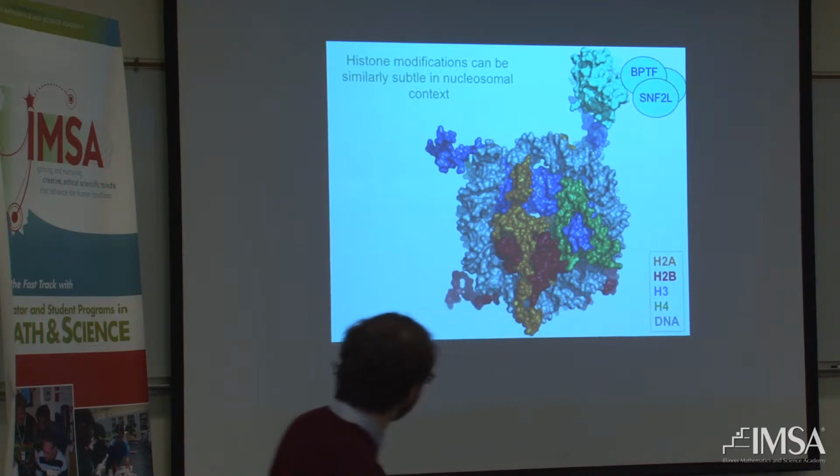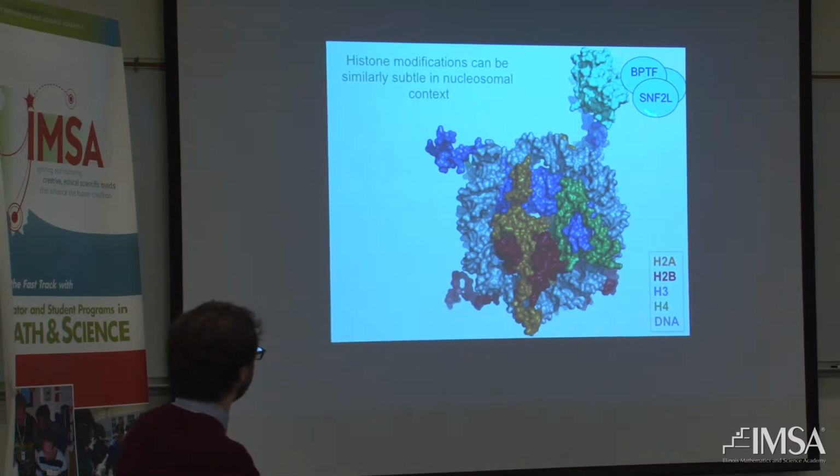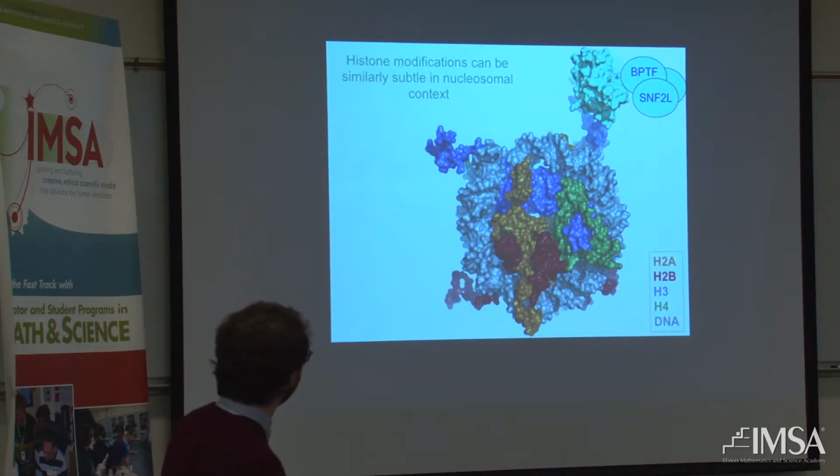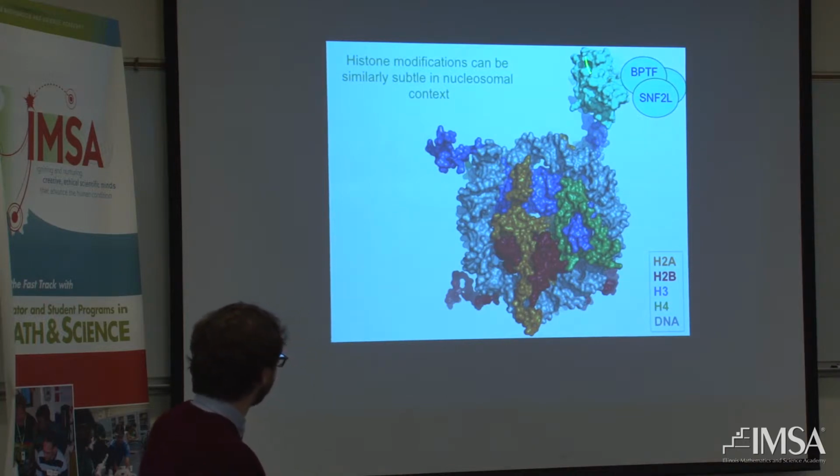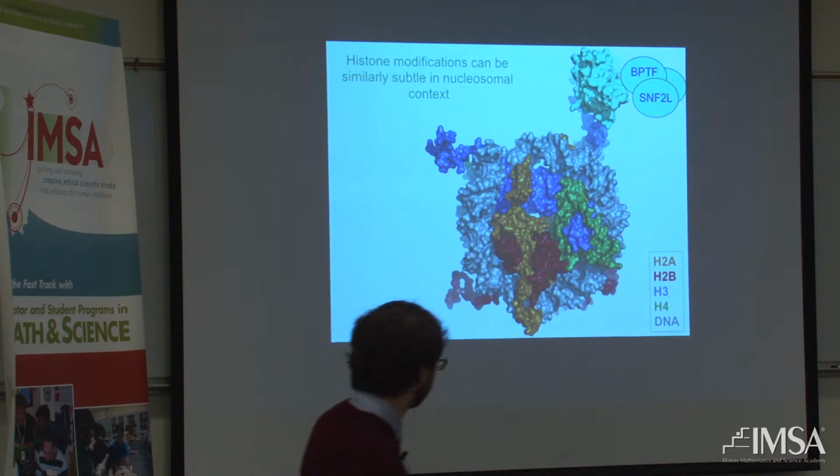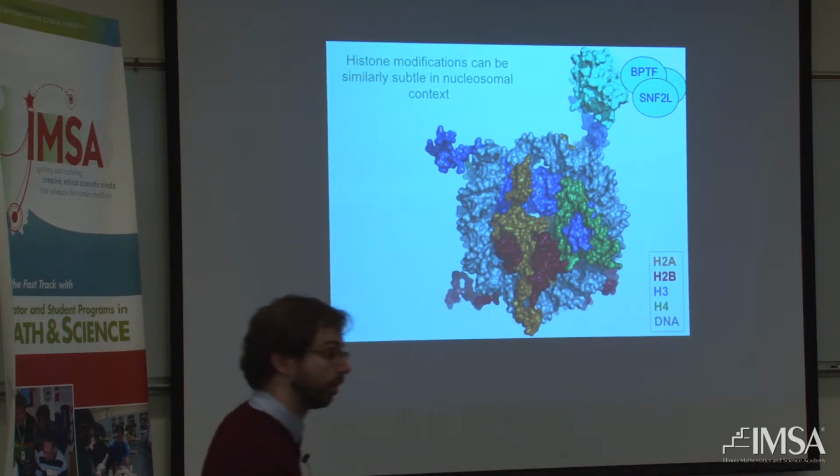And that in turn recruits a number of complexes, one of which is this BPTF complex, a chromatin remodeling protein. So essentially, the presence of this histone modification recruits this remodeling activity, which slides histone octamers around on DNA to reposition and reconfigure the local chromatin environment.